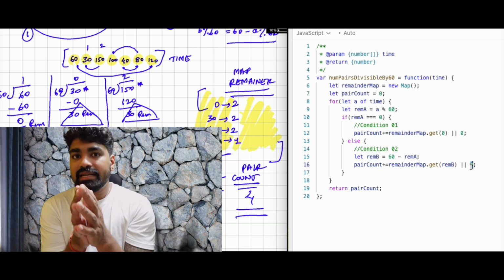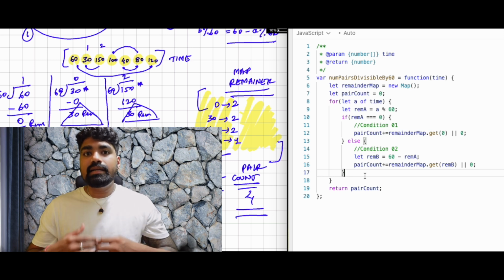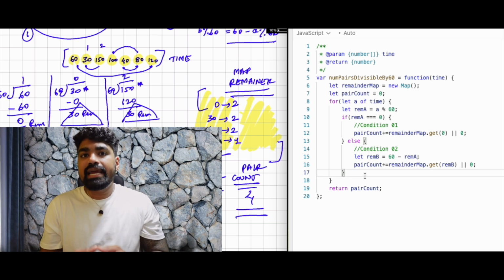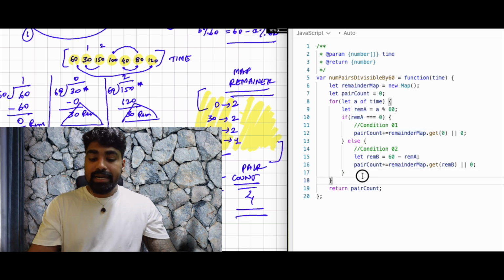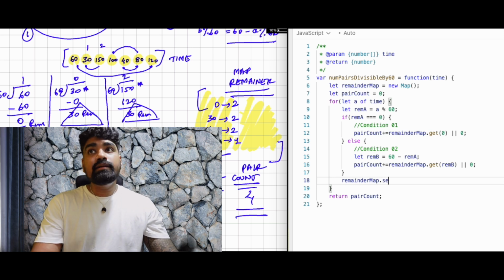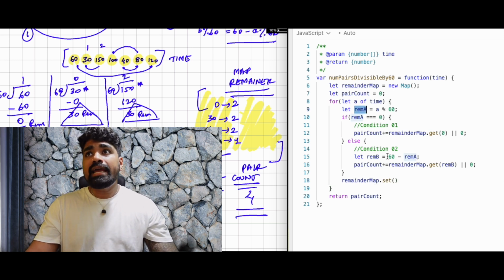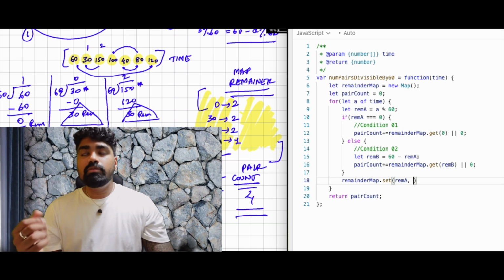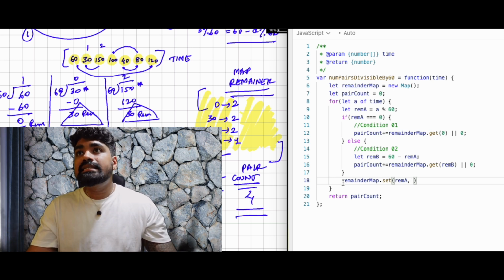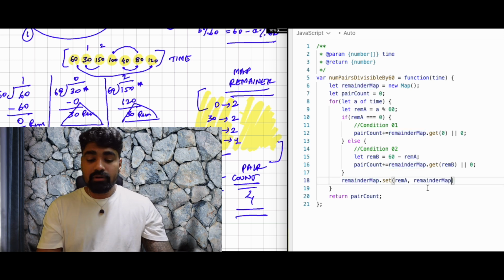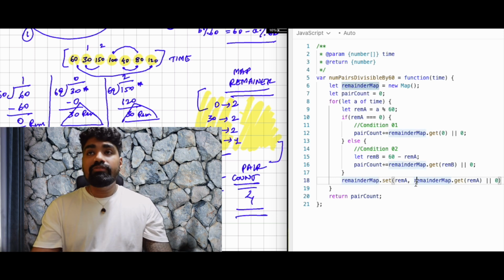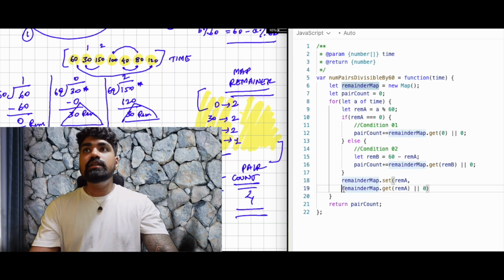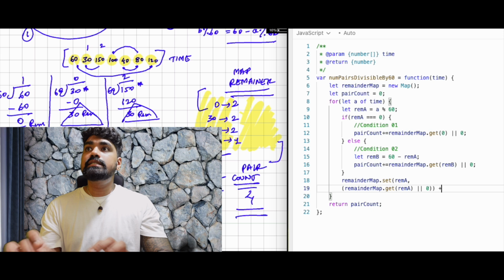The last aspect here is incrementing the counter for the remainder of a that you get in your map. That is going to be something like remainder map dot set the remainder of a with some value, and that value is going to be the existing value of remainder of a that you have. So I will say get the remainder of a initially, or use 0, and then increment it by 1.